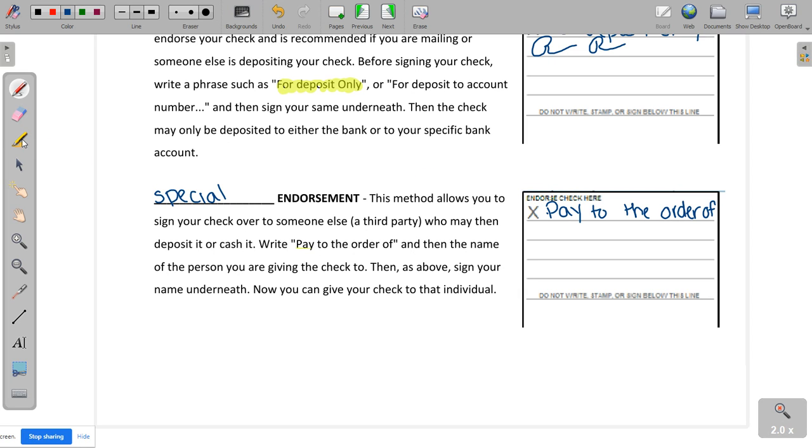So let's say we want to allow Billy Bob Joe to cash this check for us. So we'll say pay to the order of, and then we'll write the person's name. Billy Bob Joe. Now this gives Billy Bob Joe permission to cash the check or even deposit it. And then we sign our name. So that is endorsing a check.